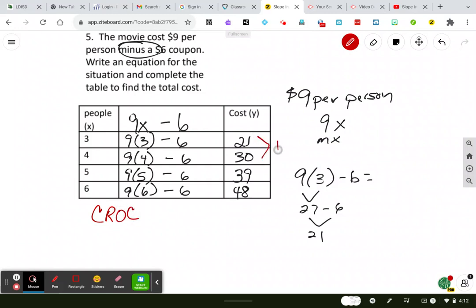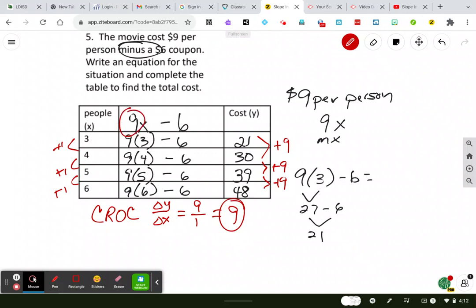What's happening there is we're adding 9, adding 9, adding 9. We're adding 1, adding 1, adding 1. So my change in y over my change in x is 9 over 1, which equals 9, and that's that number. So there we go, we've checked it.